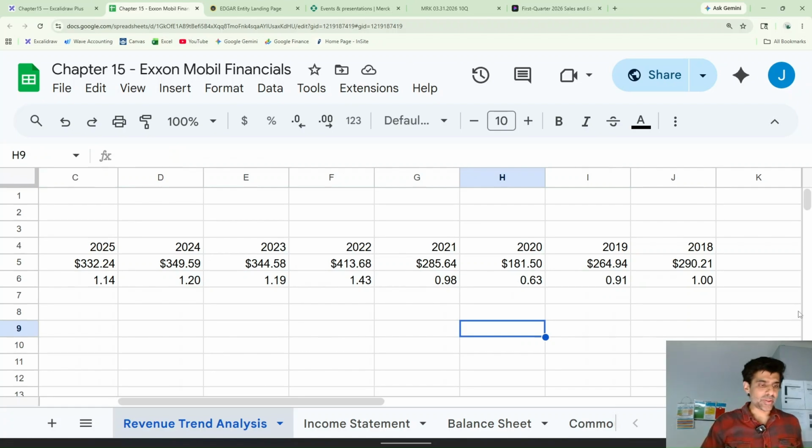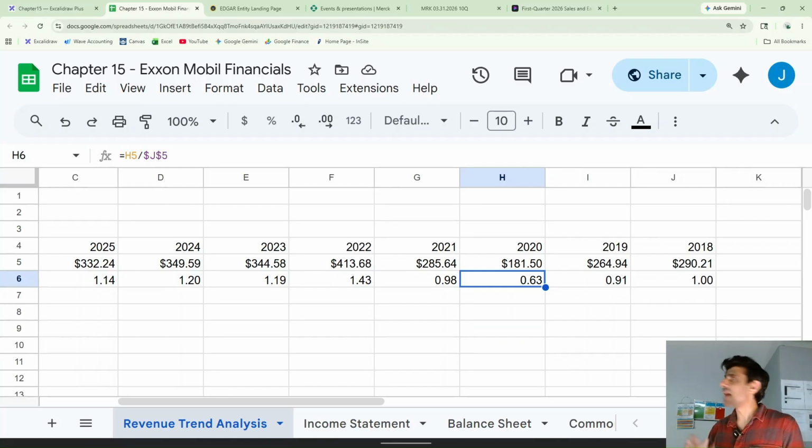You can see here that the revenue dropped a lot. I think this is Exxon. Why did the revenue for ExxonMobil drop to 63% of what it was in 2018? What was going on in the world? COVID, right? People stopped driving. All the stuff that requires oil and gas was drastically cut down.